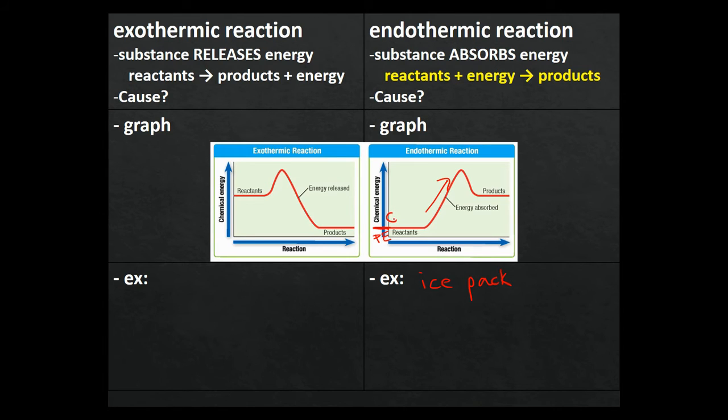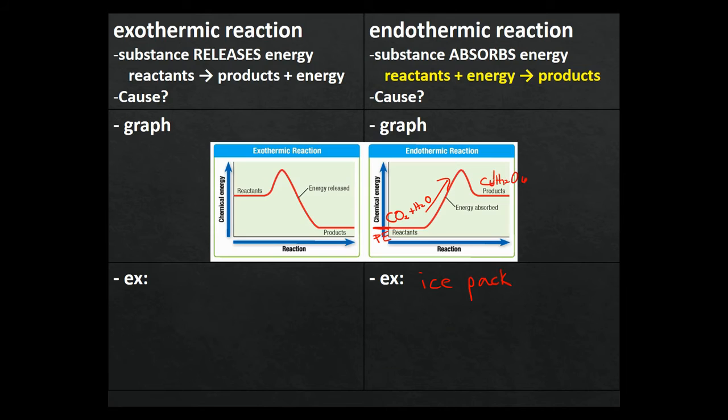So if I have, for instance, CO2 and H2O, okay, and I want to take that carbon dioxide and I want to put it and store the energy into sugar.